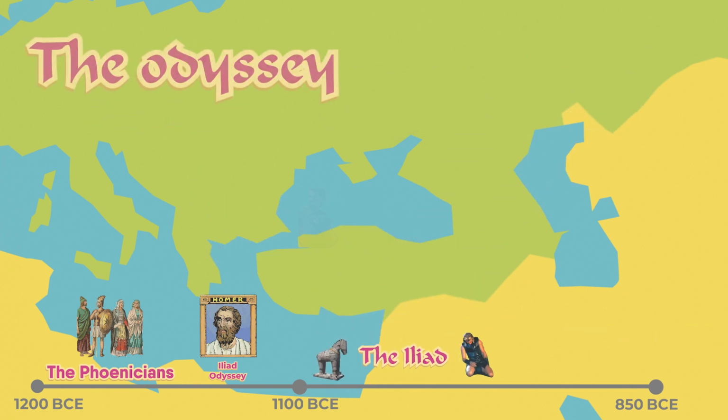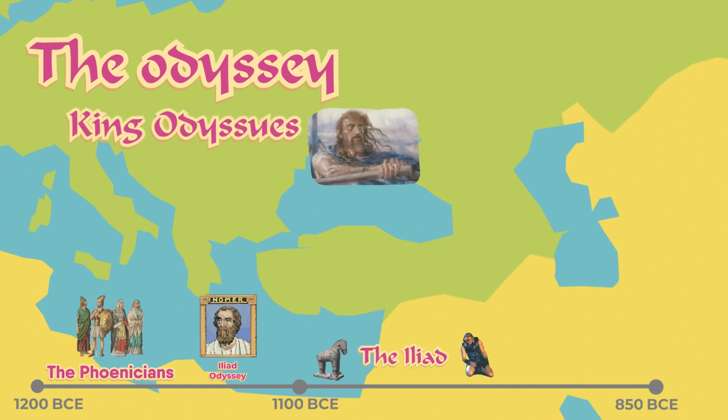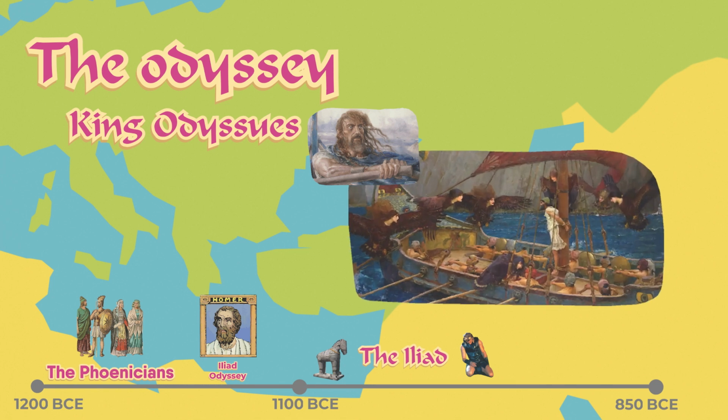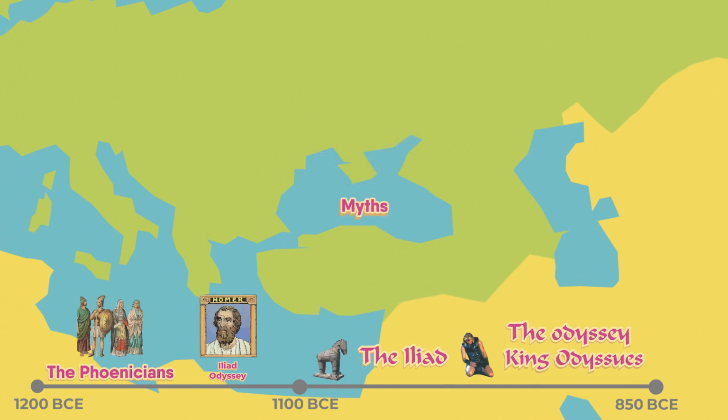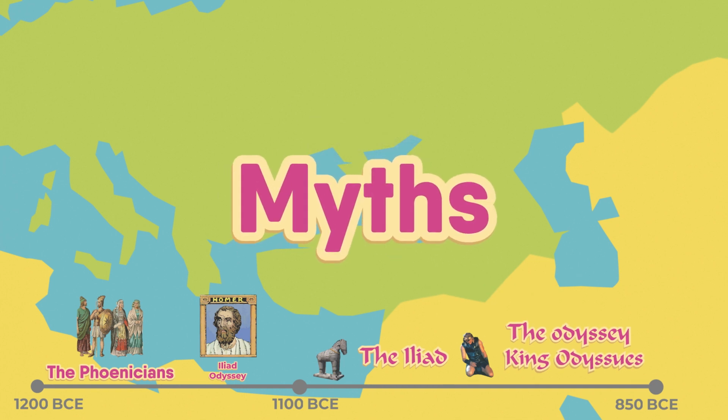Now on to the Odyssey, the second poem, which picks up with a man, or actually a Greek king, Odysseus, who wants to return home after the Trojan War. So we follow his perilous 10-year-long journey where he'll conquer all sorts of mystical creatures and face the wrath of the gods. All of these stories that I've just told you were believed to be myths until just 100 years ago.